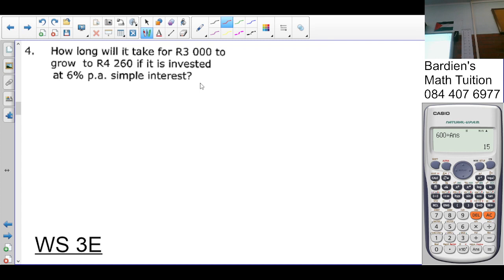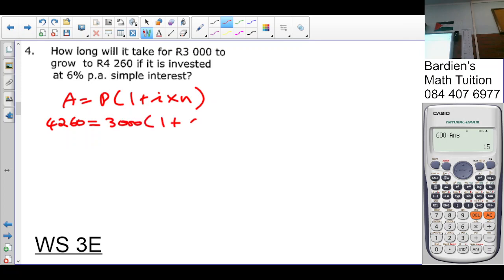A equals P into 1 plus i times n. What's your A value? Find the amount. 4,260 rand equals 3,000 rand into 1 plus 0,06 times n. So what do I do first? Divide by 3,000.